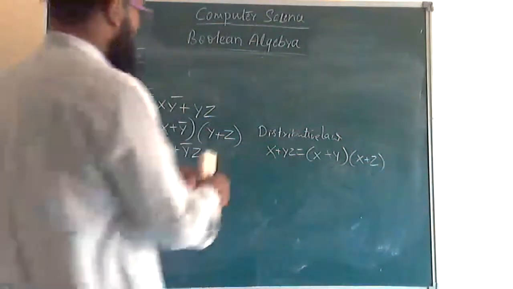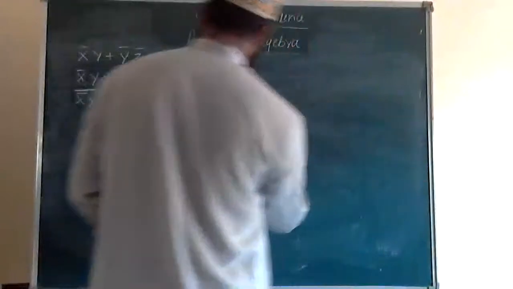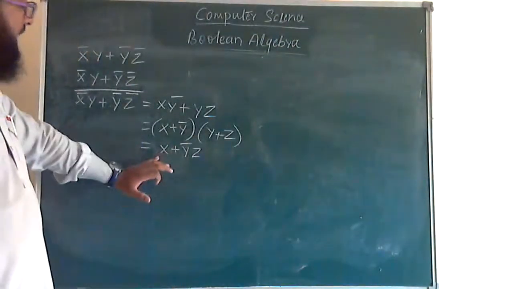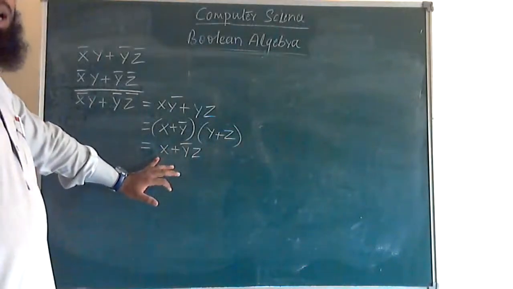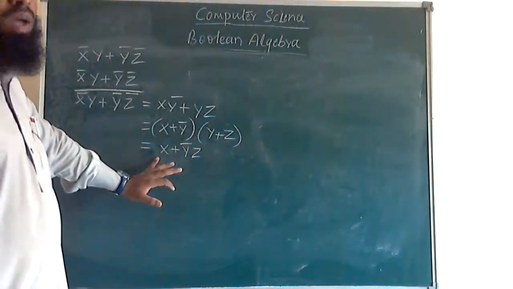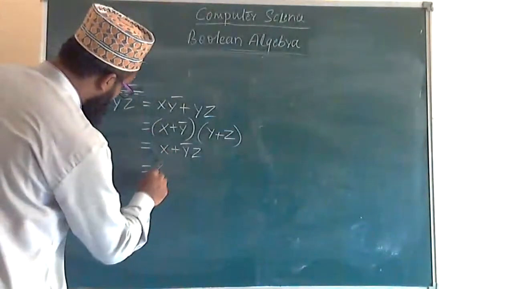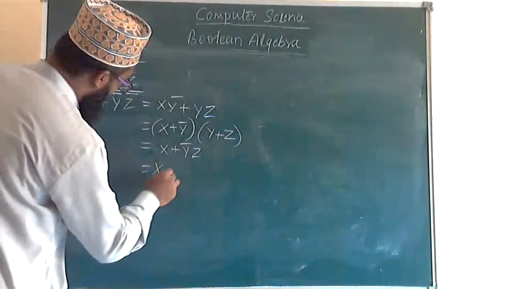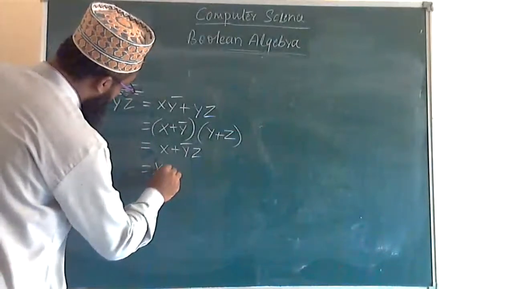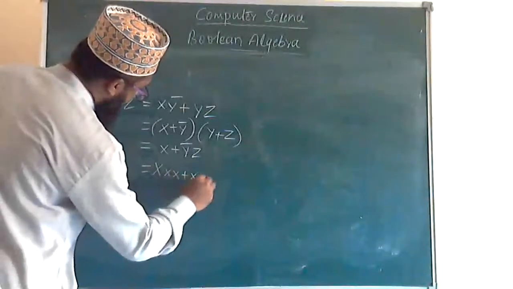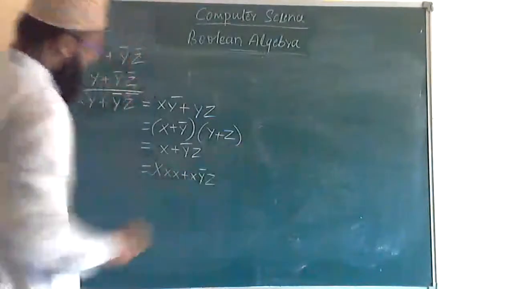Then after that, what we have to do, as we did in yesterday's class, put x in place of missing letters. I will write the present x like this. Then x plus x y bar z.